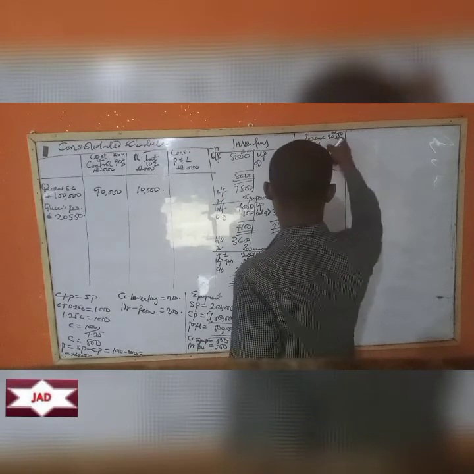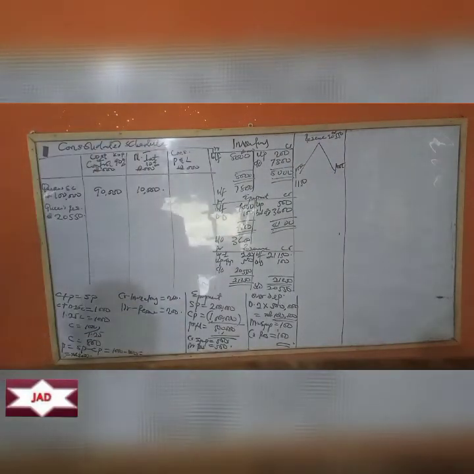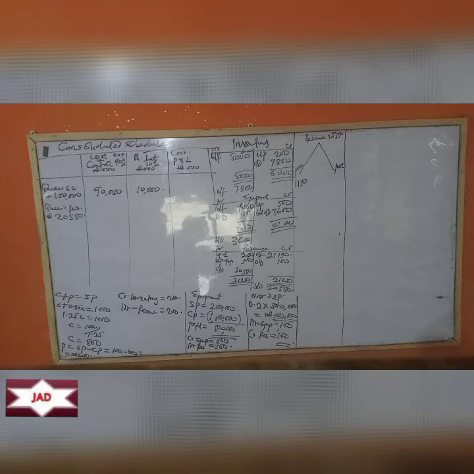If you take that out from this, you get your post-acquisition. What's your post according to the question? Your post is 20,550 minus 1,150, which is 19,400.